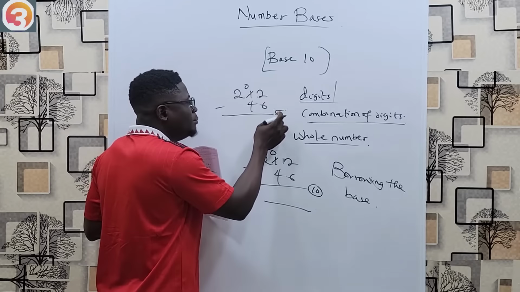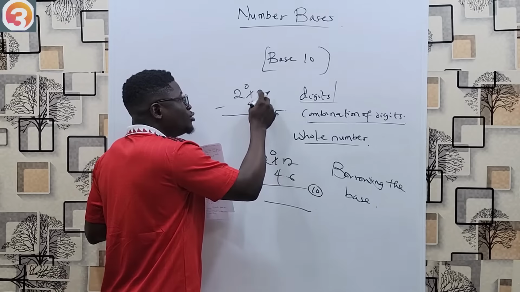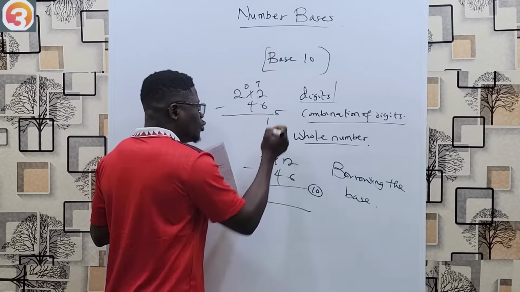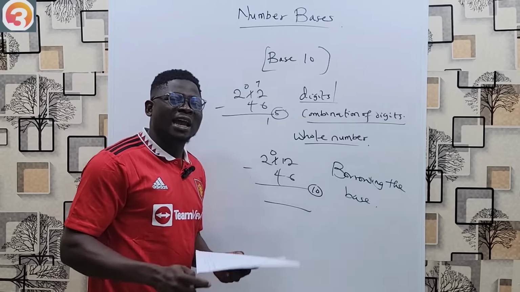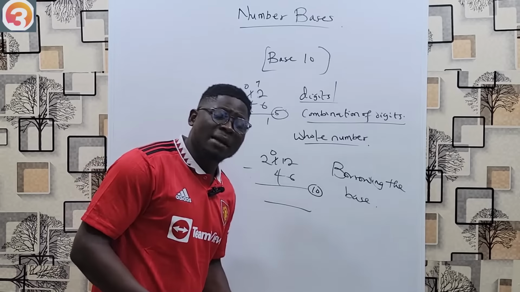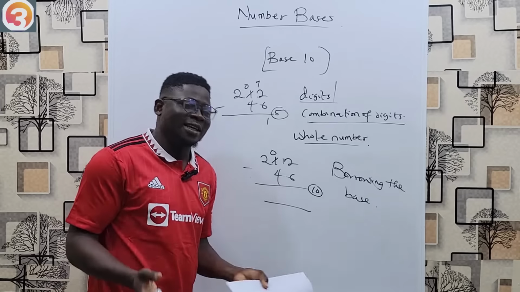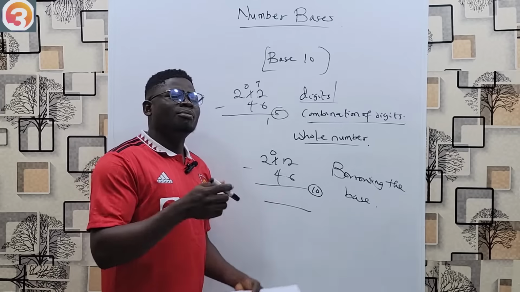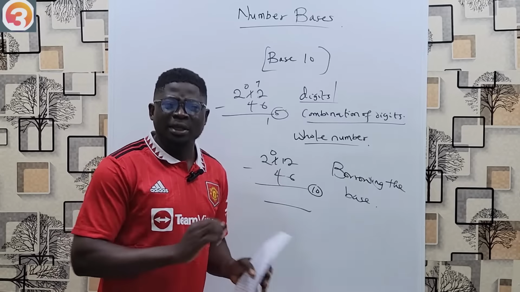You will borrow the base. So it will be 5 you are adding to this place. 5 plus 2 will be 7. Here will now be 7. So 7 minus 6 will become 1. This operation is in base 5. So anytime you borrow in number bases, in addition or in subtraction, especially subtraction, you are borrowing the base. Note that, know it, and know peace.